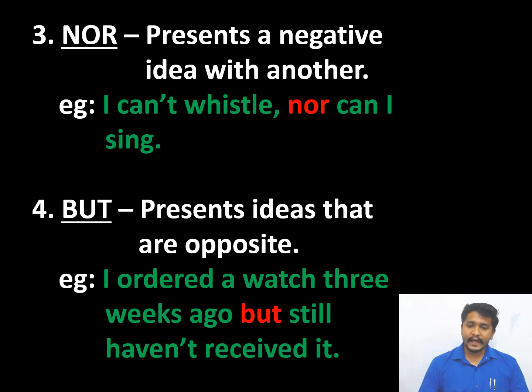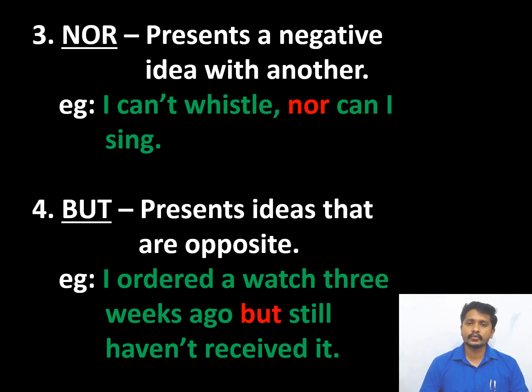I ordered a watch 3 weeks ago is an independent clause, but the second one, still haven't received it, is not a clause, it is a phrase. So when we use an independent clause and a phrase, we don't use a comma. Remember, when we want to use a comma with a coordinating conjunction, two independent clauses should be joined.